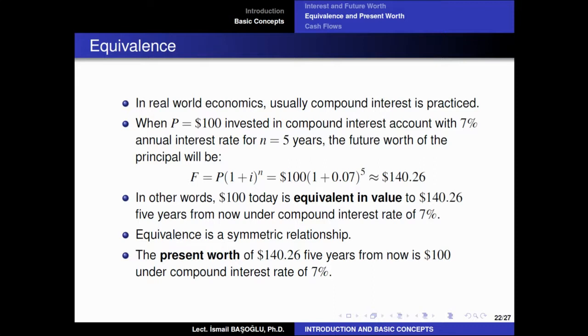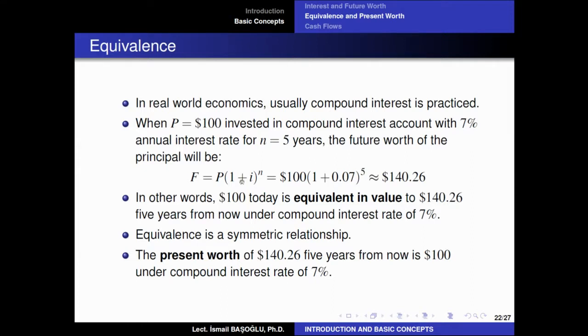If the interest rate was simply zero, then $100 today and $100 anytime would be equivalent. But under a positive interest rate, different amounts of money can be equivalent in value.